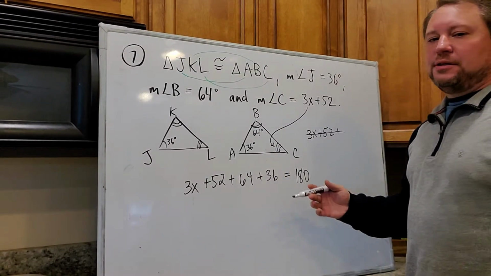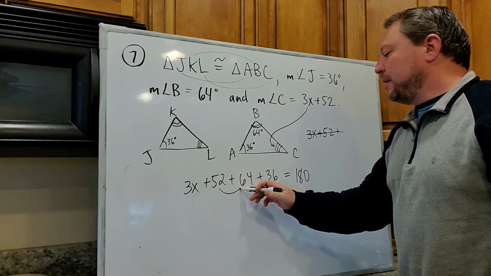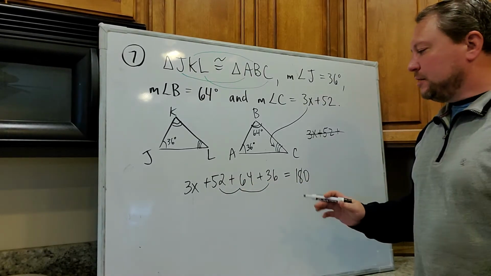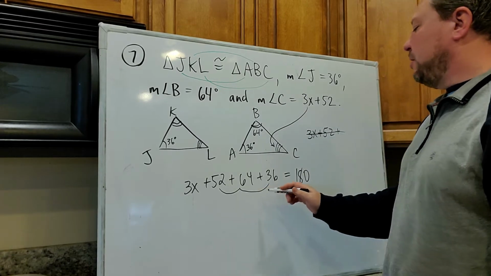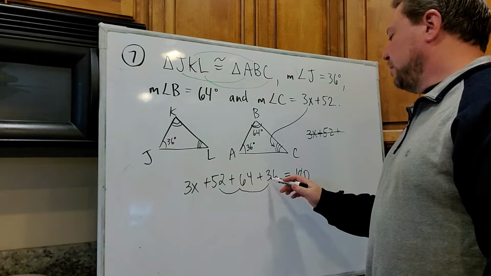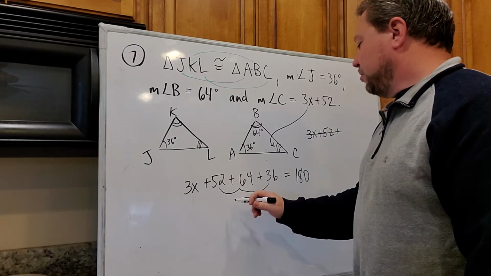All right, so then it's just some algebra from here on out. Again, all of these constant values, you can treat them like a sheriff and a deputy. They're on the same side. So we're going to combine all those. Let's see, what do we get for that? 110, 140, 150, 152.